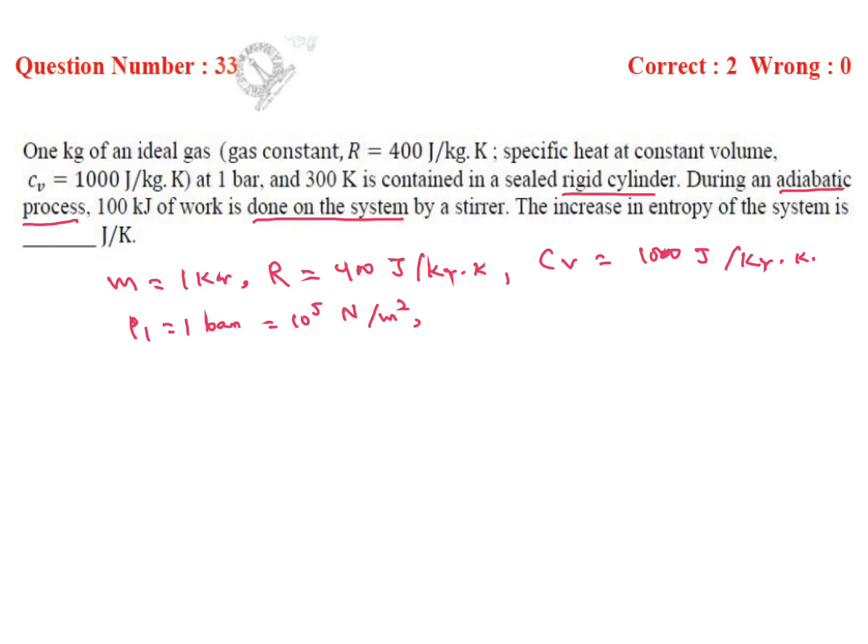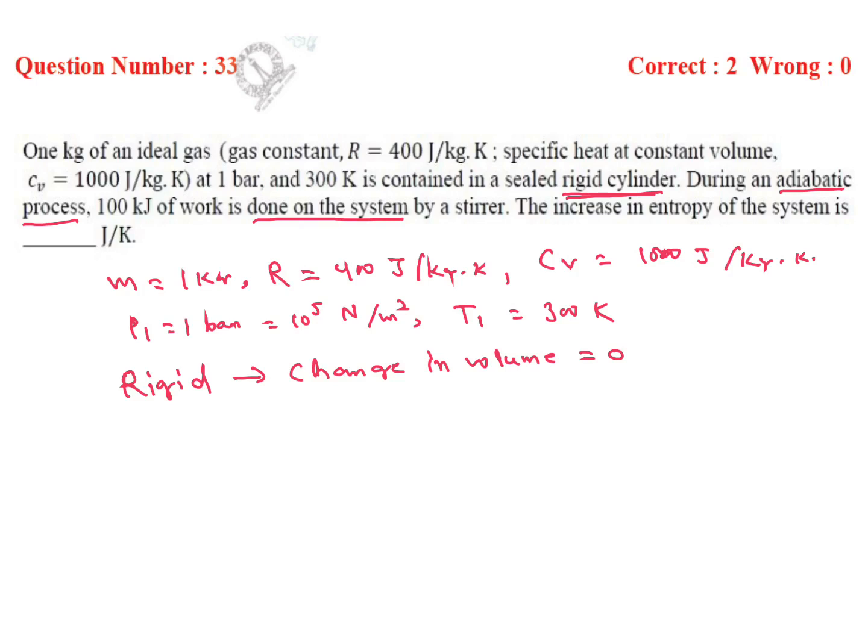Initial temperature T1 is 300 Kelvin, contained in a sealed rigid cylinder. Rigid means change in volume is equal to 0. During an adiabatic process heat is not going or coming, so heat interaction with the surrounding is 0.